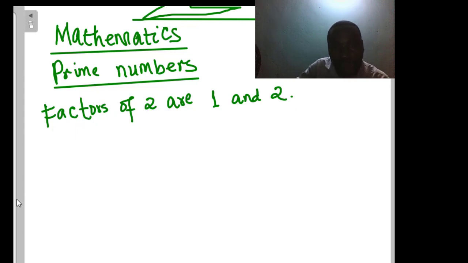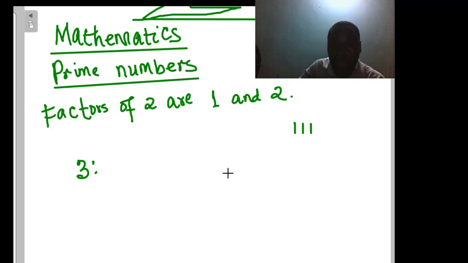Let's check another number, the number 3. We will discover the same thing with the number 3. Remember what we were doing yesterday? If we start with 1, 1 one is 1, 2 ones is 2, 3 ones is 3. That means 1 is a factor of 3.